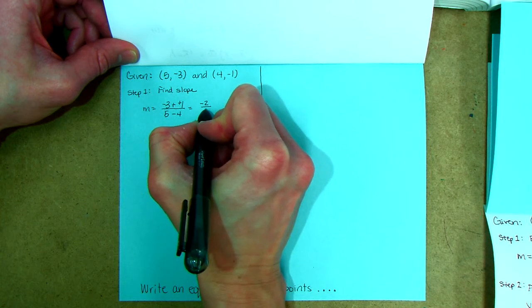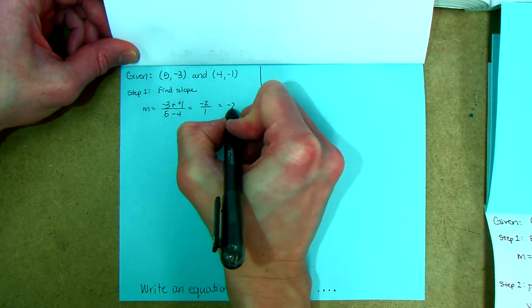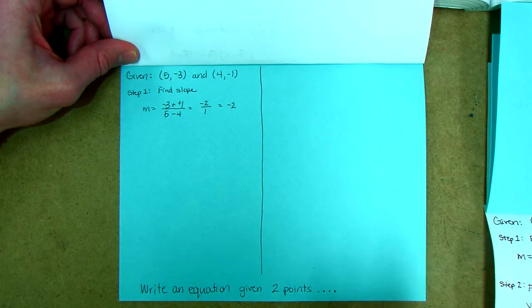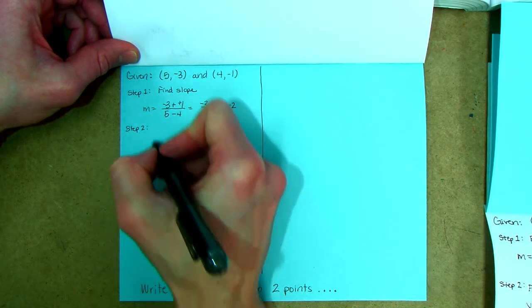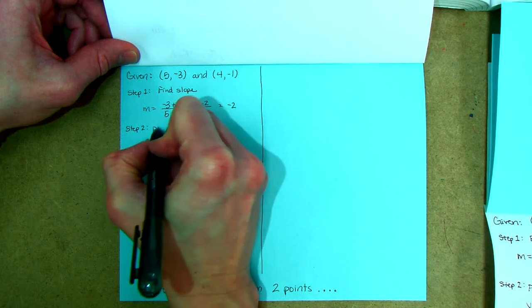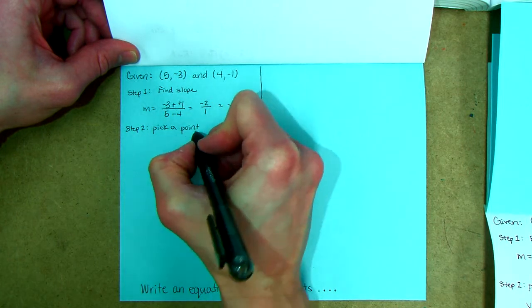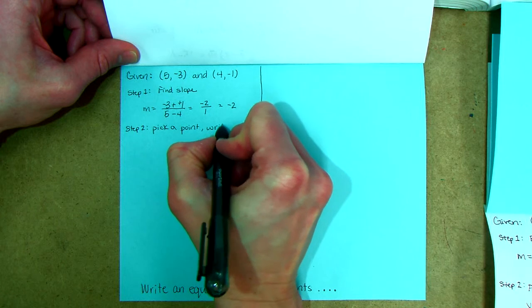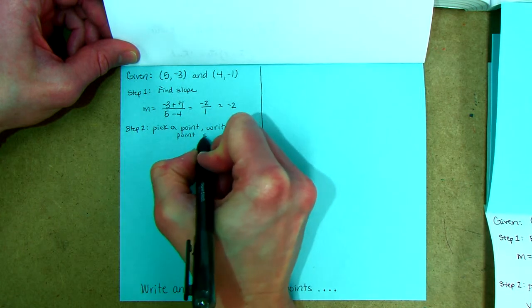Now, step 2, pick a point from one that they gave you and write in point-slope form. That's the one we just got done with. This one right here. We're going to write this equation.